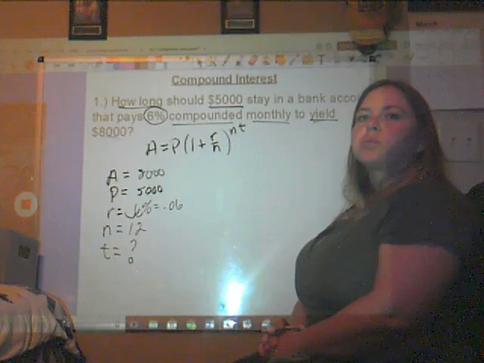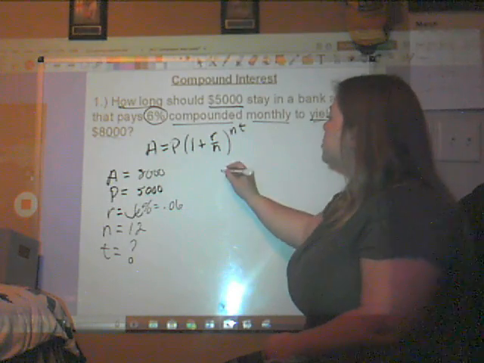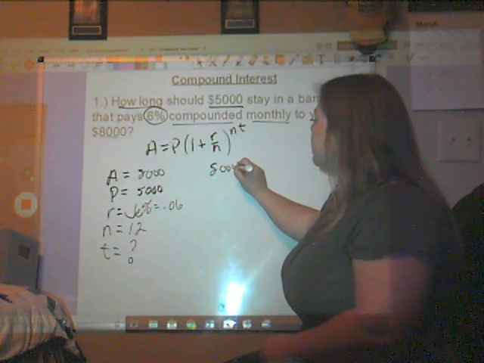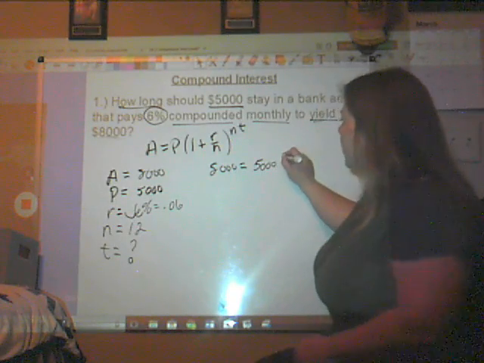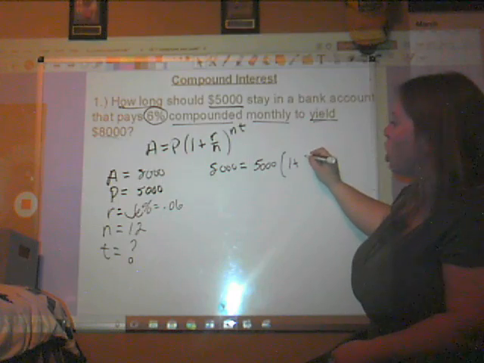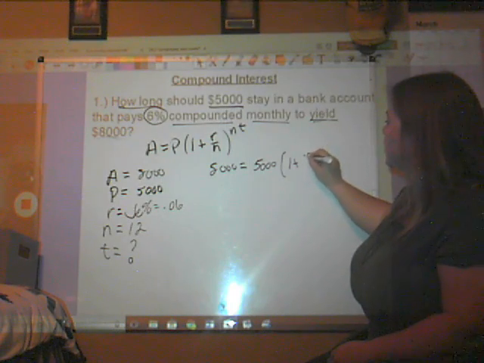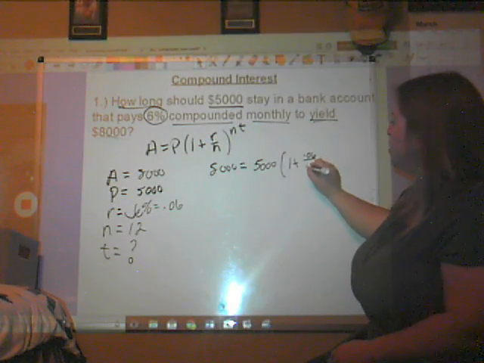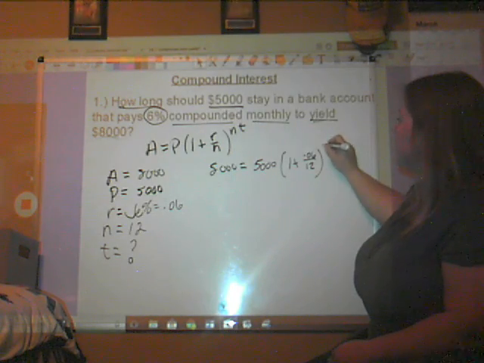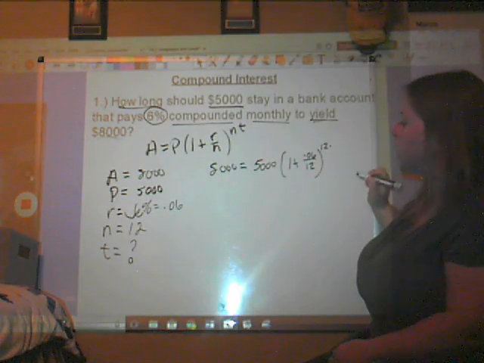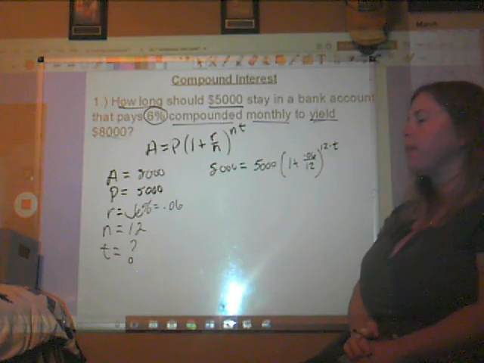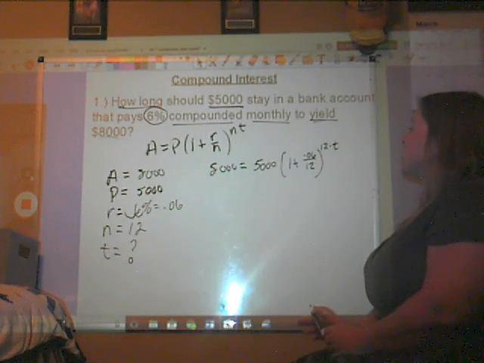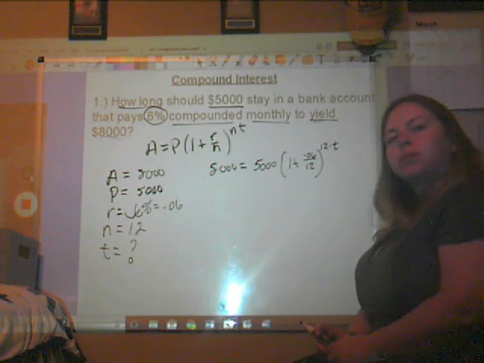So we're going to plug this into our formula. A is 8,000 equals P, which is 5,000, times 1 plus R, which is 0.06, over N, which is 12, to the N, which is 12, times T, which we don't know. So we're just going to put a T. Now we want to solve this, just like we solved the others.